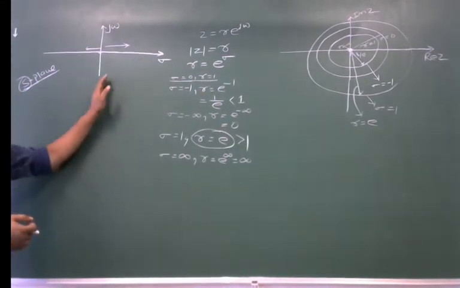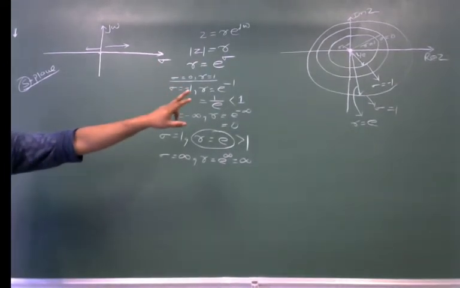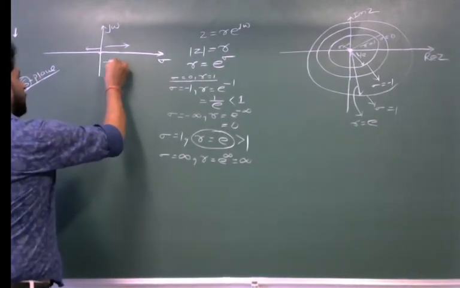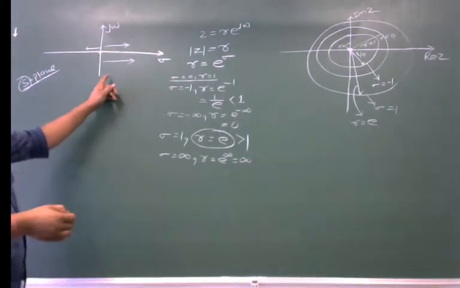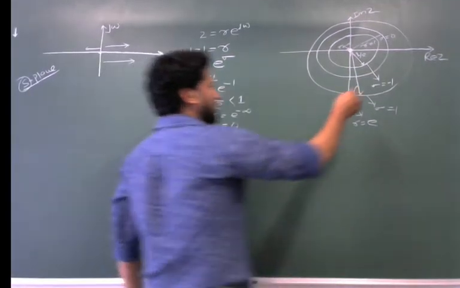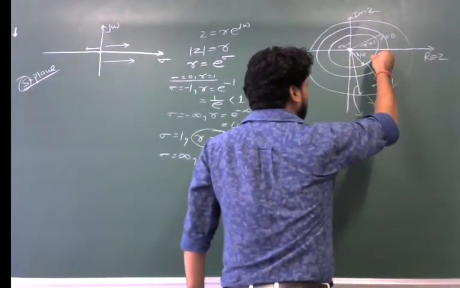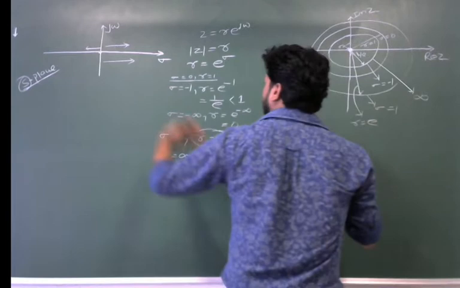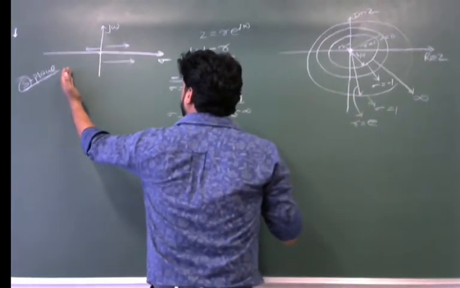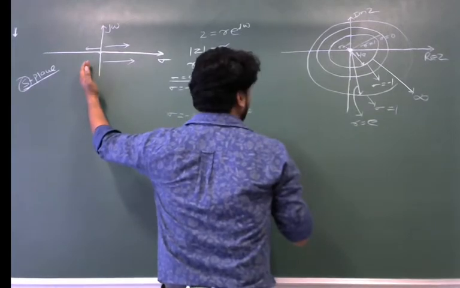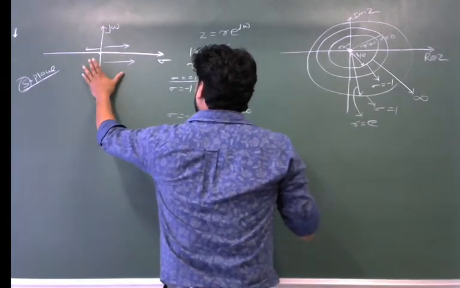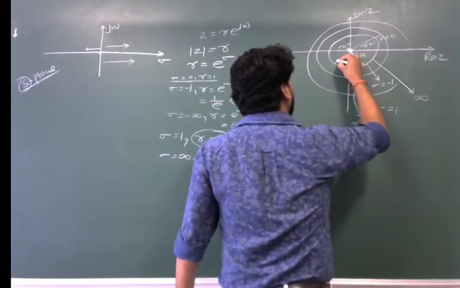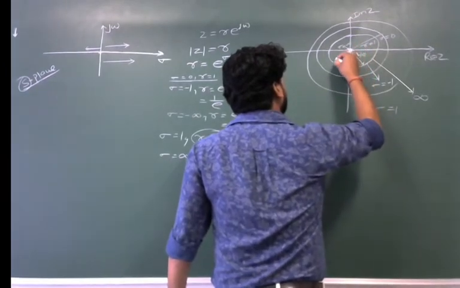When I move from sigma equal to 0 to sigma equal to infinite, I move from r equal to 1 to r equal to infinite. When I move from sigma equal to 0 to sigma equal to minus infinite, in the Z plane we move from r equal to 1 to r equal to 0.